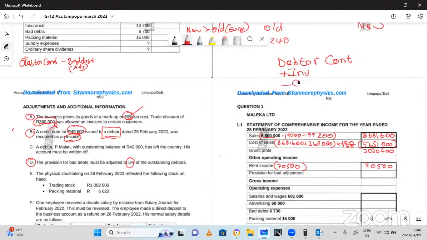So this means, guys, if our debtors control is increasing when there's an invoice, which means when the sales are taking place, our debtors are increasing, when we are selling on credit.